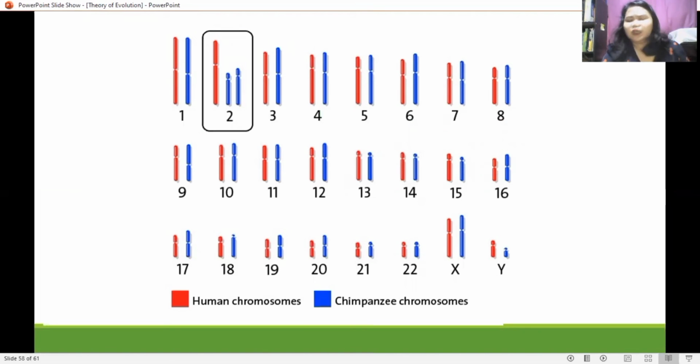According to DNA analysis, we are 98.8% compatible with chimpanzees, and there is just a slight difference in the second chromosome, where there is an extra chromosome that distinguishes the remaining 1.2%, which makes us different from chimpanzees.